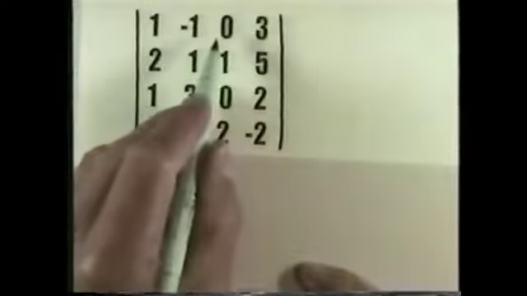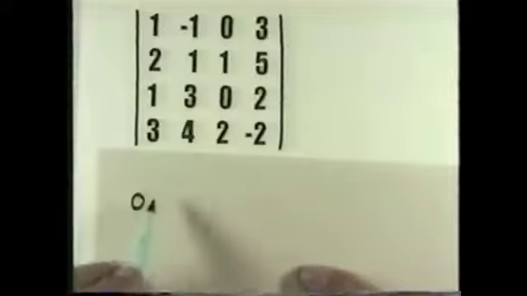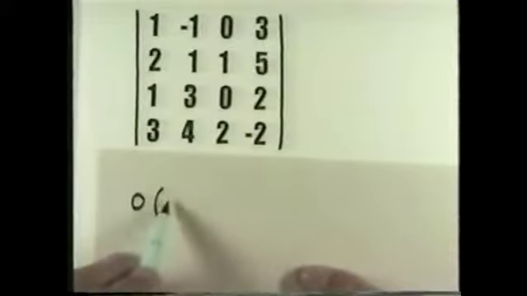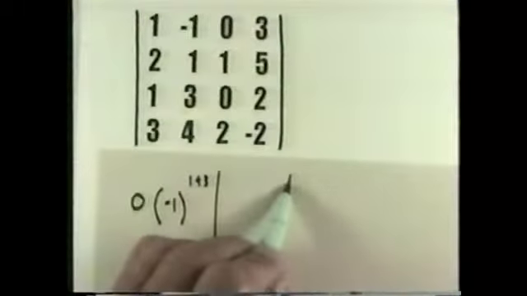So the first entry we have is 0, so it's going to be 0 times its cofactor, which would be (-1), and this is in row 1, column 3, so it would be 1 plus 3, times the determinant of the minor.